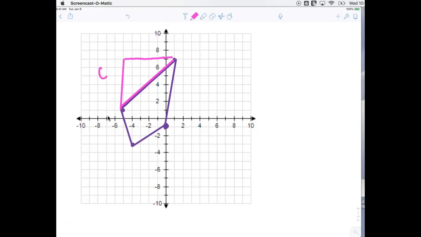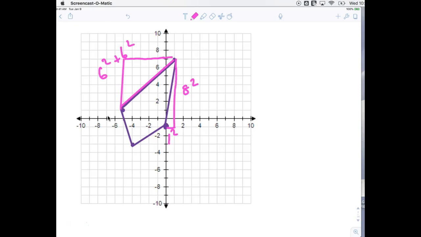So 6 squared plus 6 squared. And then here I went 1, 2, 3, 4, 5, 6, 7, 8, and over 1. 8 squared and 1 squared. Are those the same? Did I plot those right? I would say no.